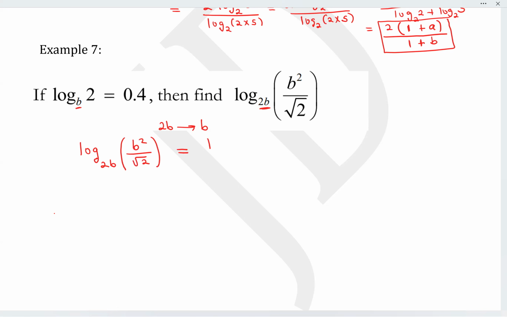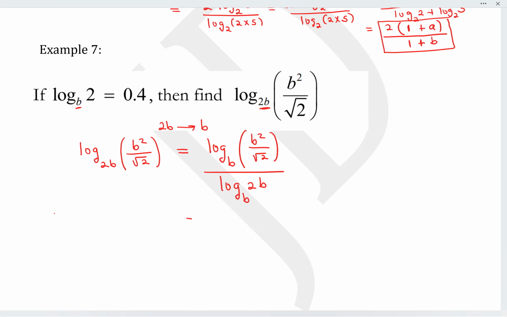By change of base, this is just going to be log of what? Log base b of the same thing, b squared over root 2, divided by log to base b of 2b. So now you can see we've changed the base. We've changed everything to b.